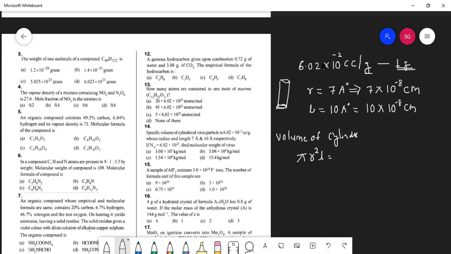Then you just substitute the values. So 22 by 7 into r square, so it is 7 into 10 raised to minus 8 centimeter square into 10 into 10 raised to minus 8 centimeter. Students, if you solve this, you will get 154 into 10 raised to minus 23 cc.